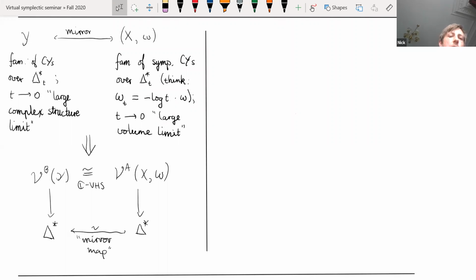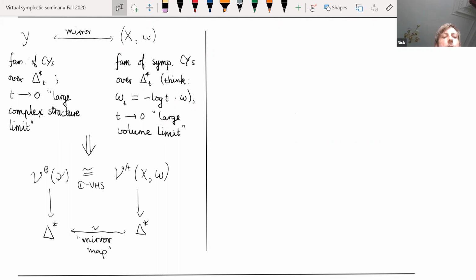On the mirror side, we've got some family of symplectic Calabi-Yaus over the same base. We've only put one Kähler form, but you can think of it as a family given by multiples of that Kähler form.